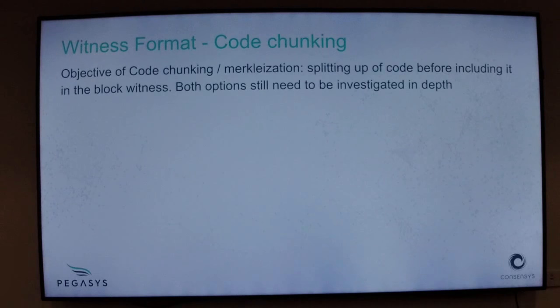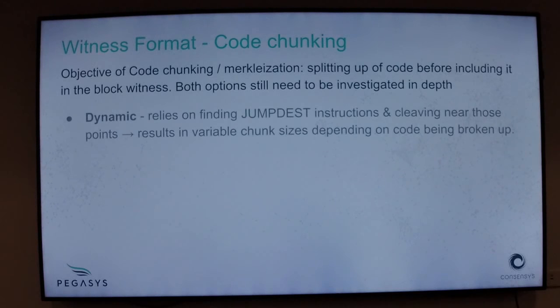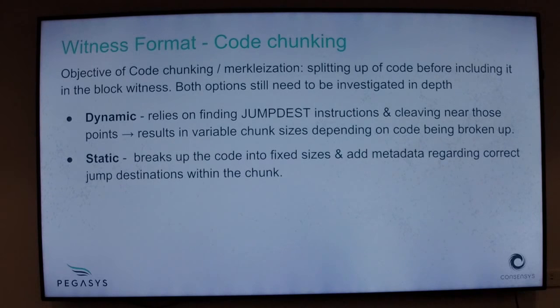The other thing mentioned in the witness format was code chunking, or code Merkleization. Again, the idea is size reduction: splitting up the code before including it in the block witness. Both options still need to be investigated in depth. One was dynamic code chunking and the other was static.